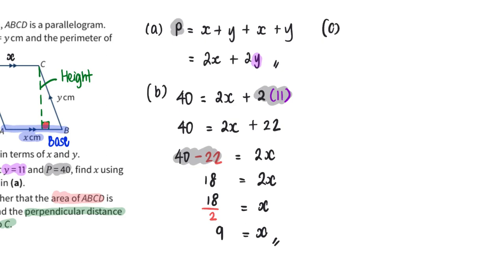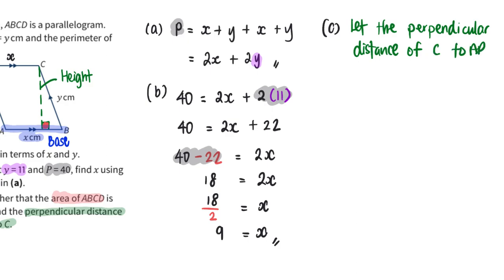Or I'm going to let the perpendicular distance of C to AB be letter H. So H multiplied by my base X, and I know X is 9, equals to 72.